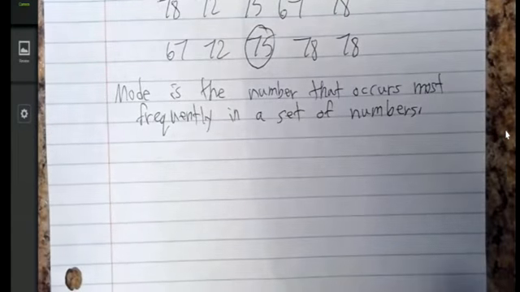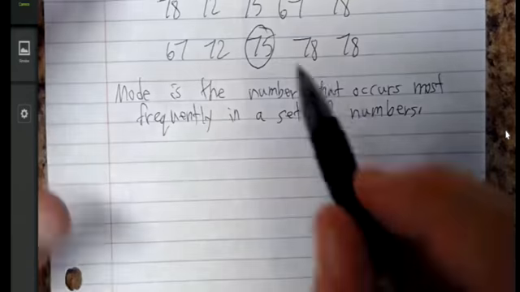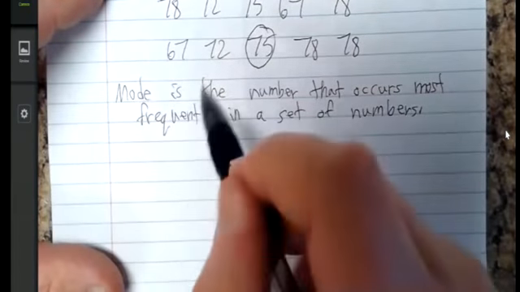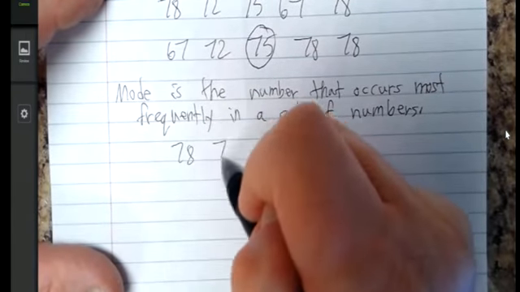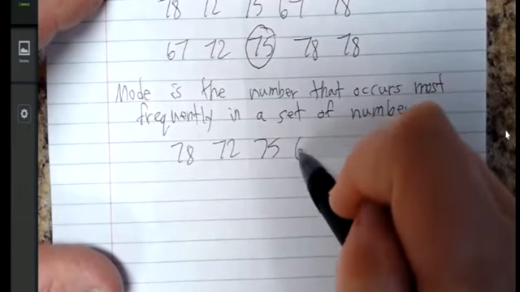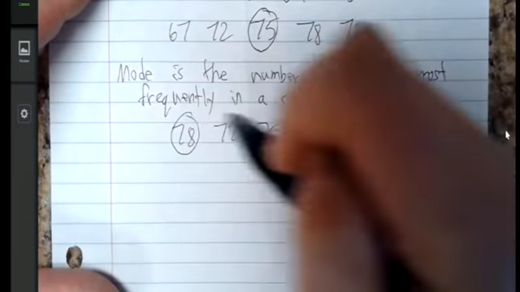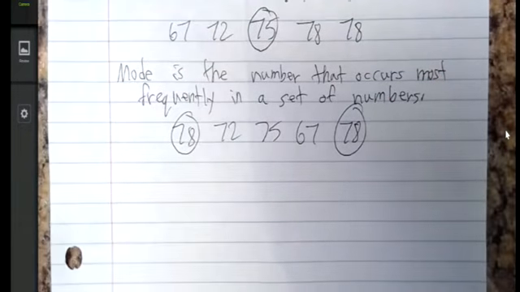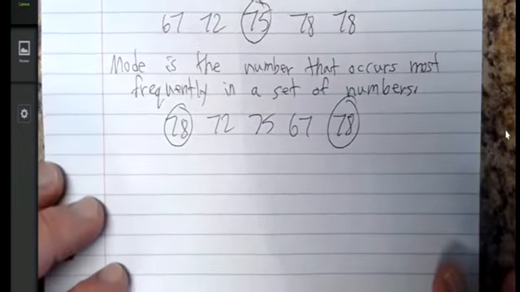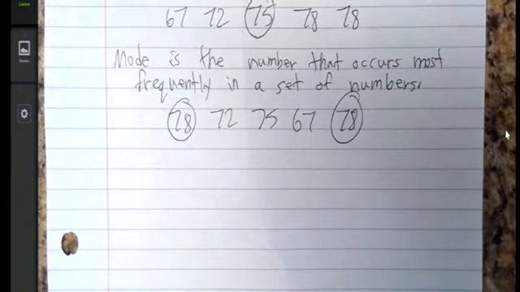And obviously, if I take the same set again, the mode is 78. There's two 78s, the other ones just have a single number. Okay.